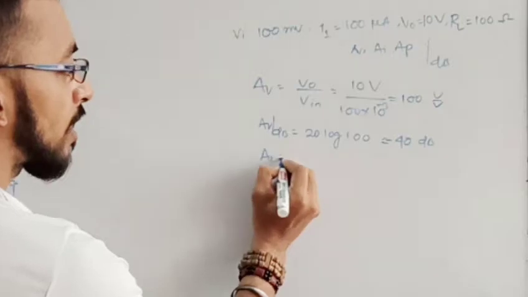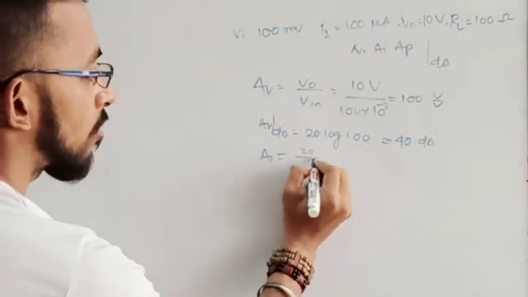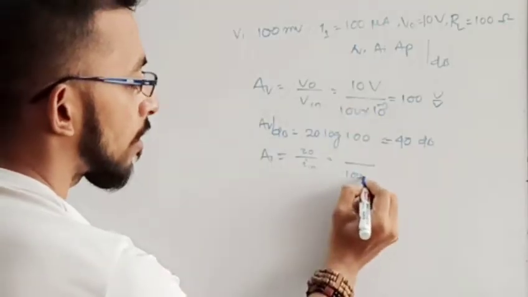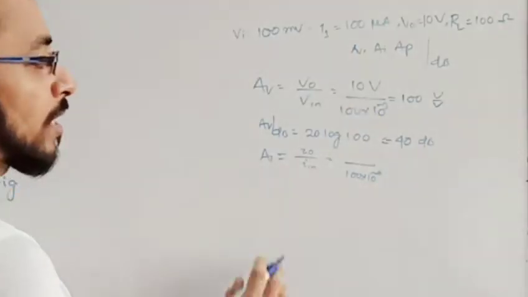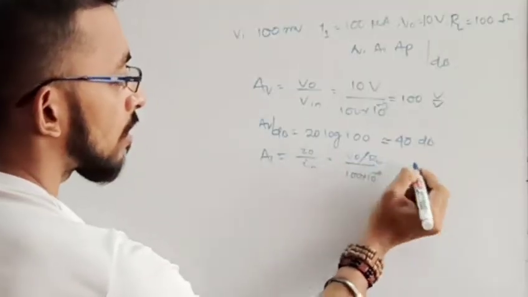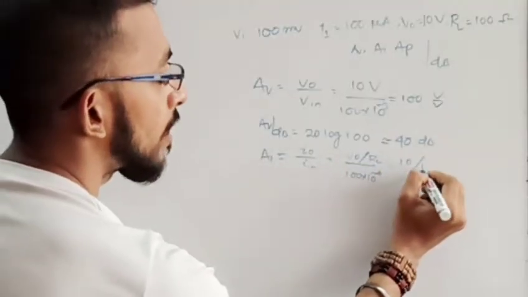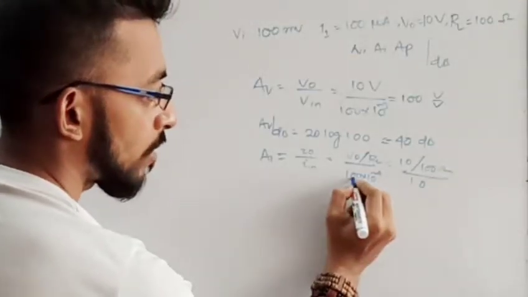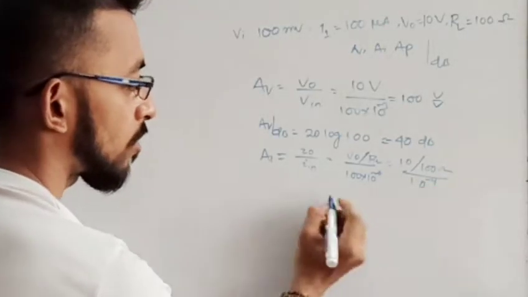What is our current gain? Current gain is nothing but I output upon I input. I input is given as 100 microampere. What is I output? I output is nothing but V output upon load resistor. So this is 10 volt divided by 100 ohm, divided by 10 power minus 6, which gives 10 power 2 minus 6, that is 10 power minus 4.